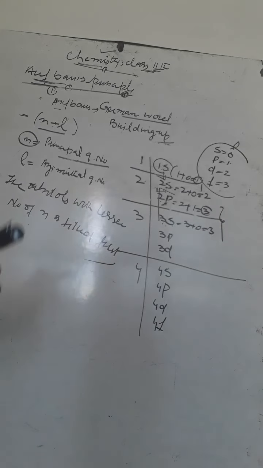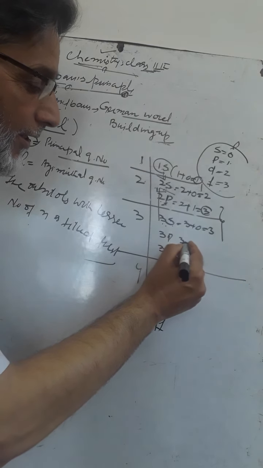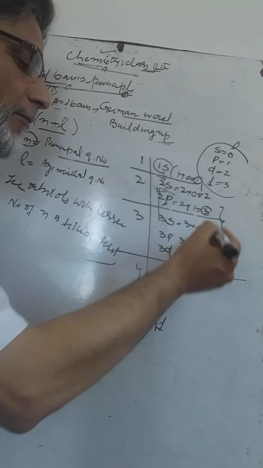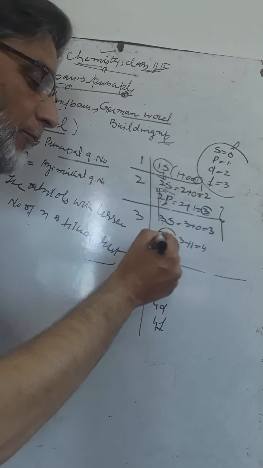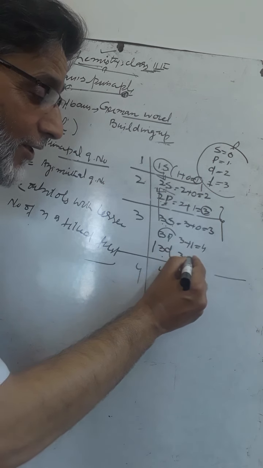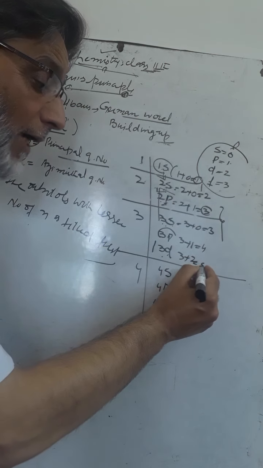Note that, let me take the case of 3p, isn't it? It is 3 plus the p value 1, it is 4, right? After this the electron will go to 3p. Let me take the case of 3d. It is 3 plus d is 2, it is 5, right?